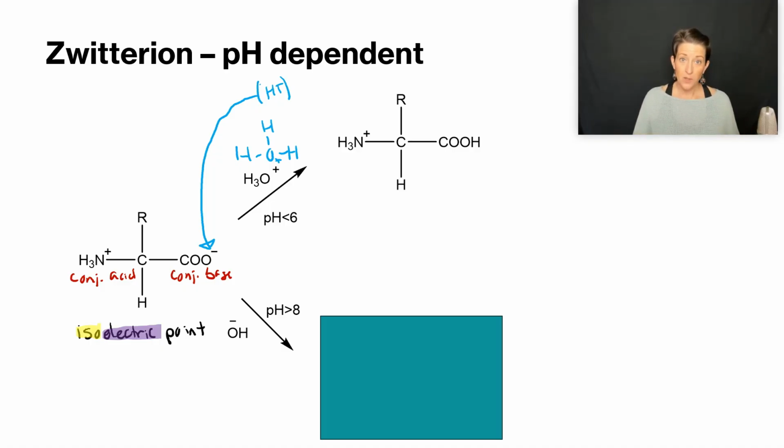Therefore, the result is this new amino acid structure. We still have this conjugate acid available. However, we reformed the original acid of the neutral or uncharged amino acid.